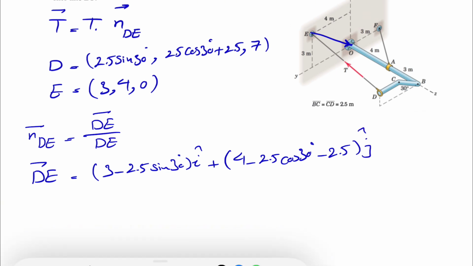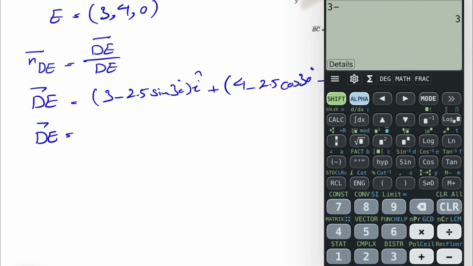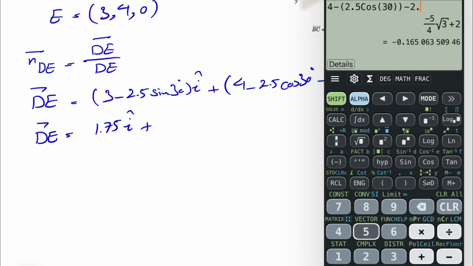And we have 0 minus 7, which is minus 7. That's going to be our DE. If you want to calculate it, we have 3 minus 2.5 times sine of 30, so 1.75 i plus 4 minus 2.5 cosine of 30 minus 2.5.